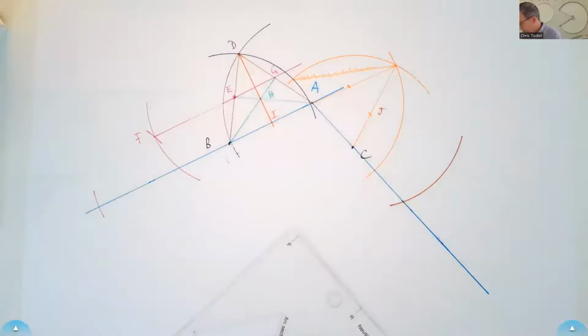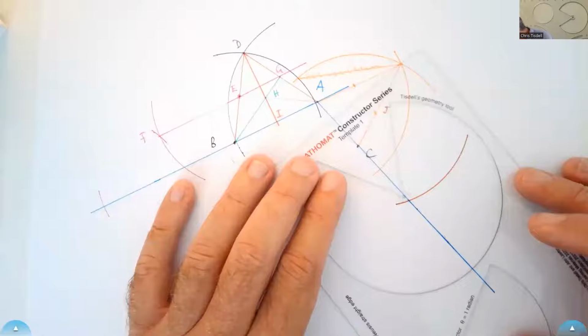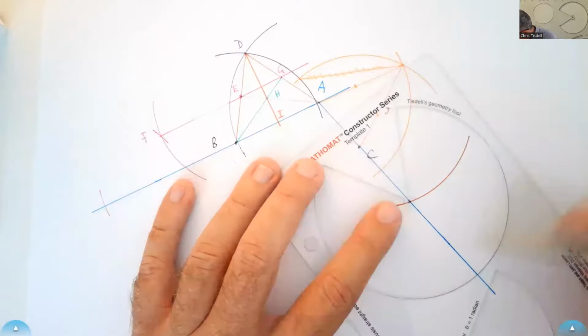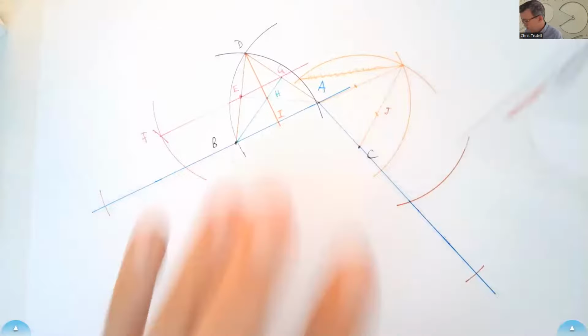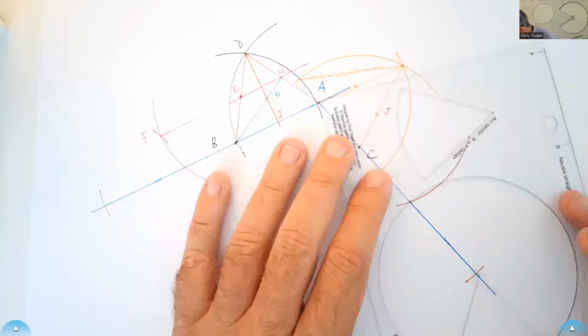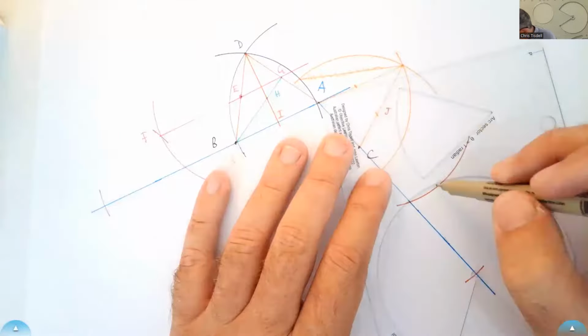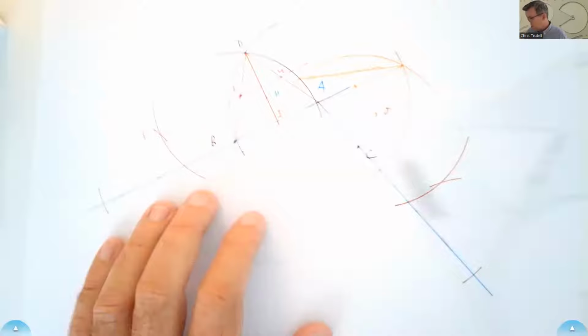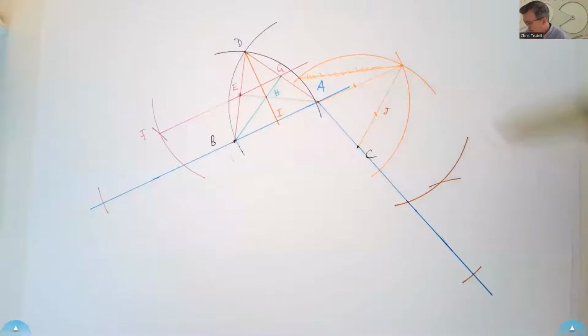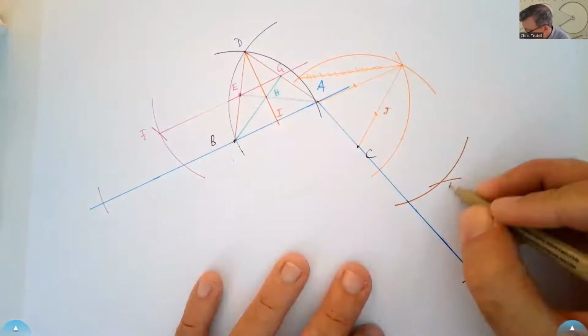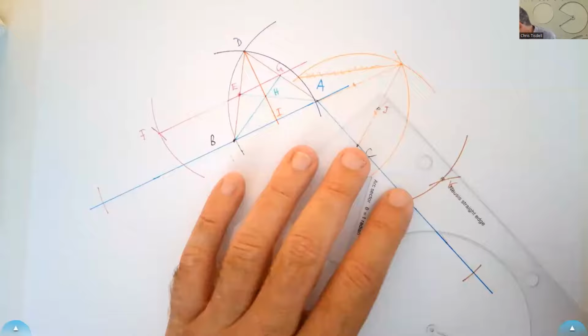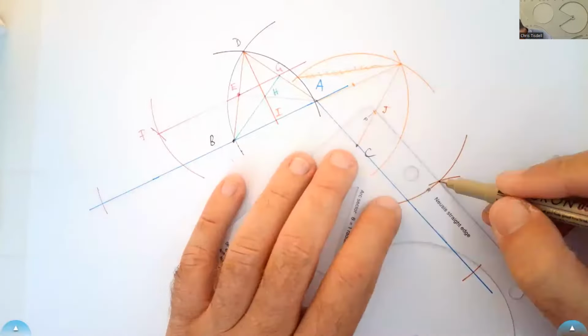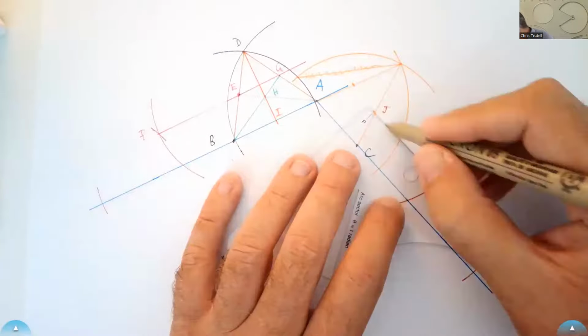Turn it around. You're going to get a new point up here. So what I can do now is join this point with J. Let's call this K. And I can extend it.